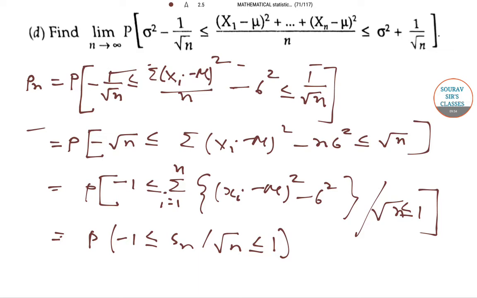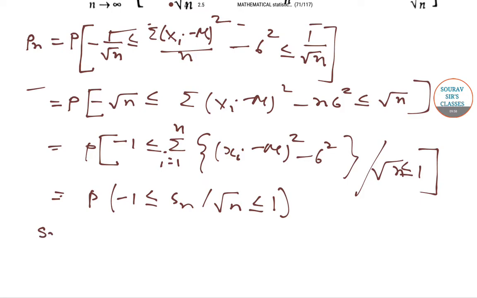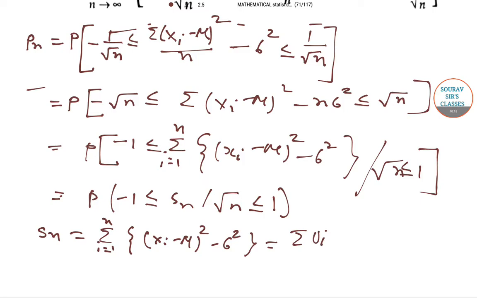Similarly, here Sn equals summation i equals 1 to n of (xi minus mu) whole square minus sigma square, which is equal to summation ui.